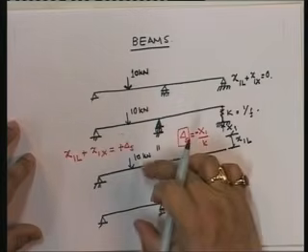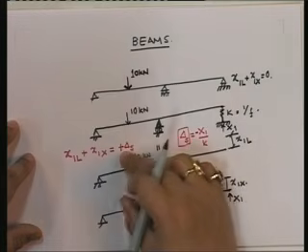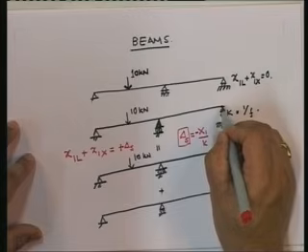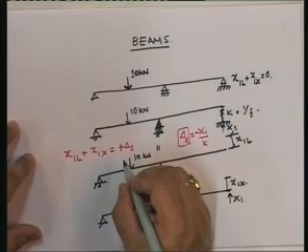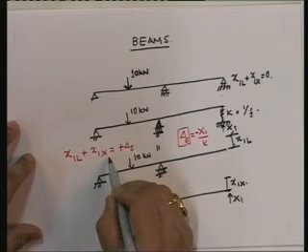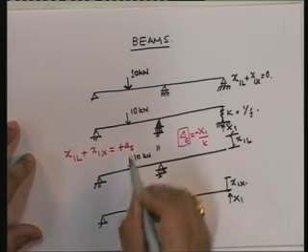When the spring expands, it's positive. If the spring compresses, this is negative. So if delta S was positive, this would also be in this direction. So it's going to happen that x1L plus x1S will be equal to plus delta S.